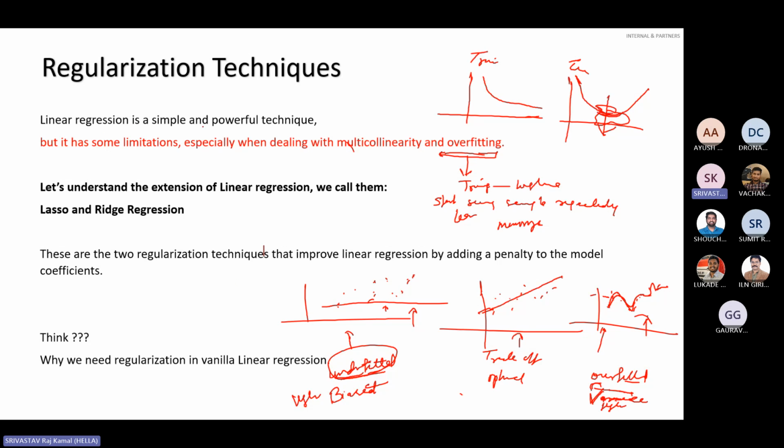Linear regression is a simple and powerful technique, but it has some limitations, specifically when dealing with multicollinearity. There could be x1, x2, 100 columns which are so much linked with each other, and the data could be overfitted. After that, some scientist created two algorithms, Lasso and Ridge.